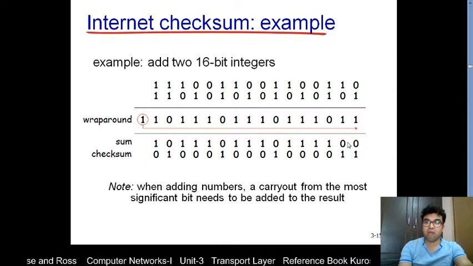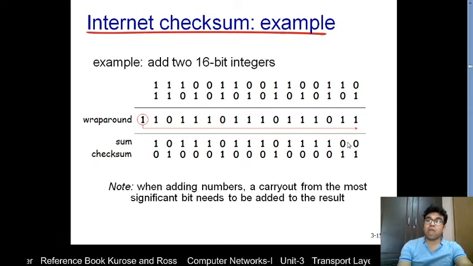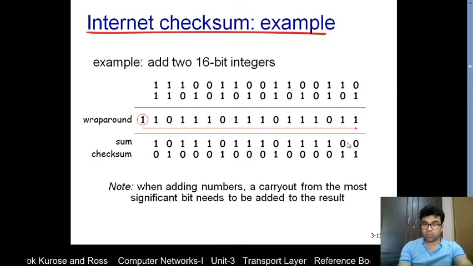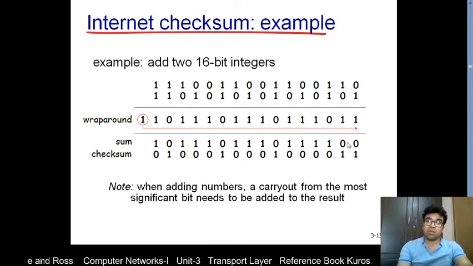This time you have the checksum field as well at the destination side. So you have to break the complete UDP segment into 16 bit words, and you need to add all those 16 bit words.